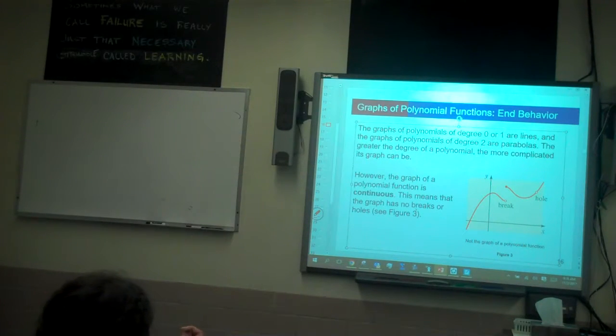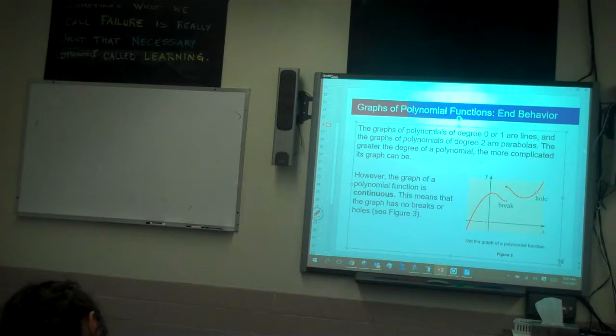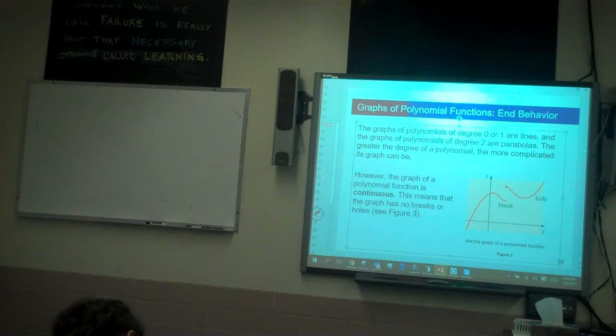If something is continuous, you should be able to trace the entire graph without lifting your pencil. Okay, you're fine. If I can't do that, we say that there is some type of discontinuity. Sometimes it's an asymptote. Sometimes it's a hole, like we see up there. Sometimes it's a break or a jump.